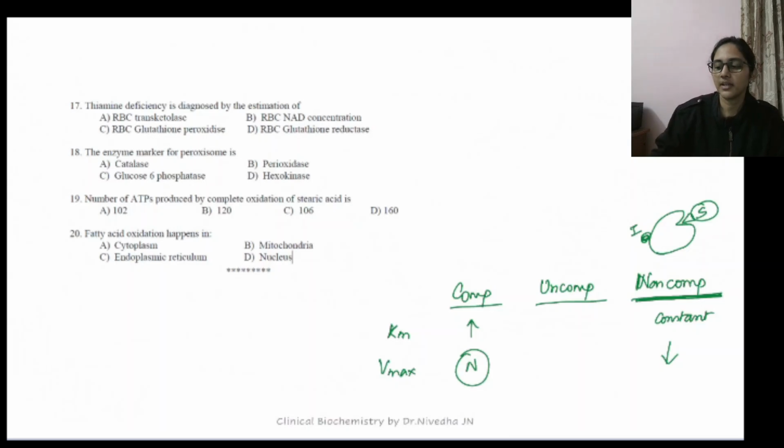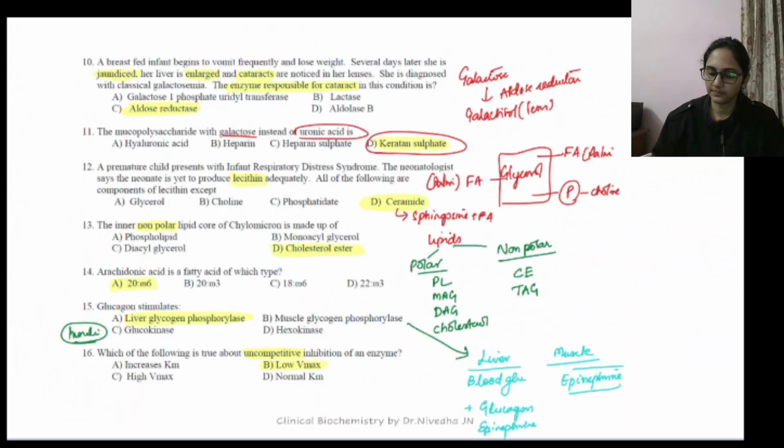And in uncompetitive inhibition, enzyme plus substrate forms an enzyme substrate complex, and my inhibitor is going to bind to this enzyme substrate complex. In that case, it is going to decrease the Km and decrease the Vmax. These are the changes in case of all these three inhibitions.